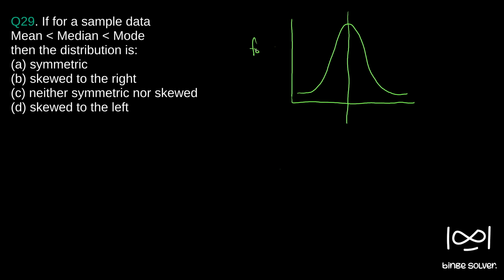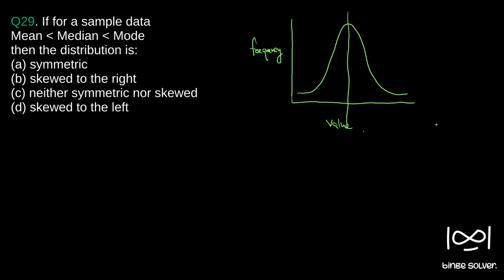It's a frequency value curve, right? The vertical line need not be exactly in the middle. If we draw any vertical line that divides the graph into two equal parts, then it is called a symmetric graph.